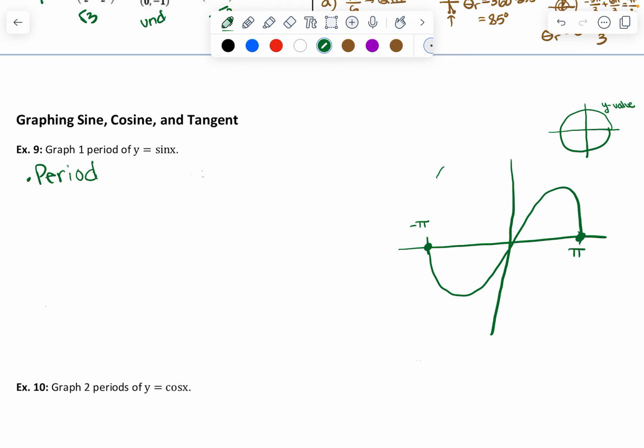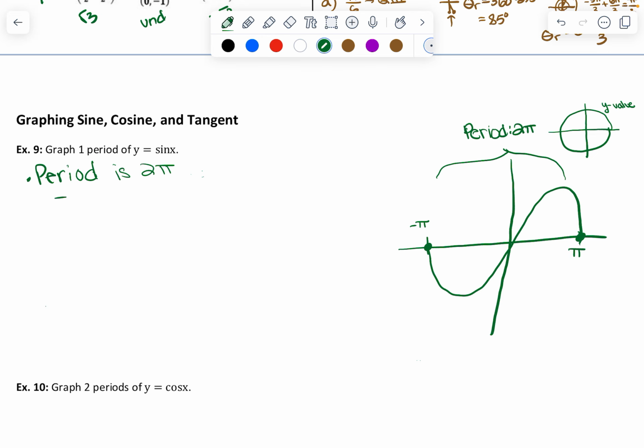So from negative pi to positive pi, we have one period of sine, which means the period length for sine is going to be 2 pi because we have a pi over here and we have a pi over here, and pi plus pi is 2 pi. So the period is 2 pi.